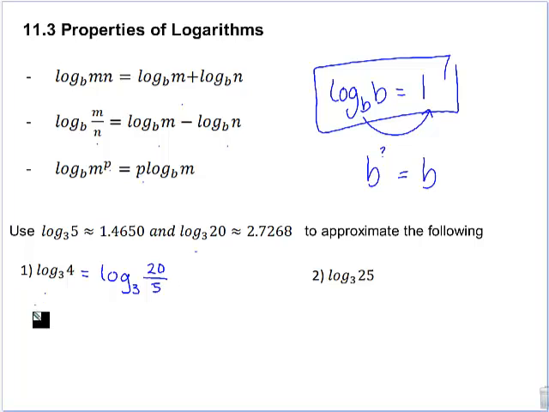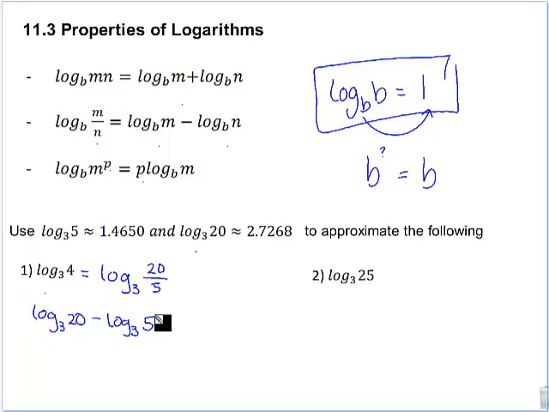So this is really the same thing as log base 3 of 20 minus log base 3 of 5. And then we know log base 3 of 20 and log base 3 of 5 because it's given in our information. So all we need to do is plug in those values for it.